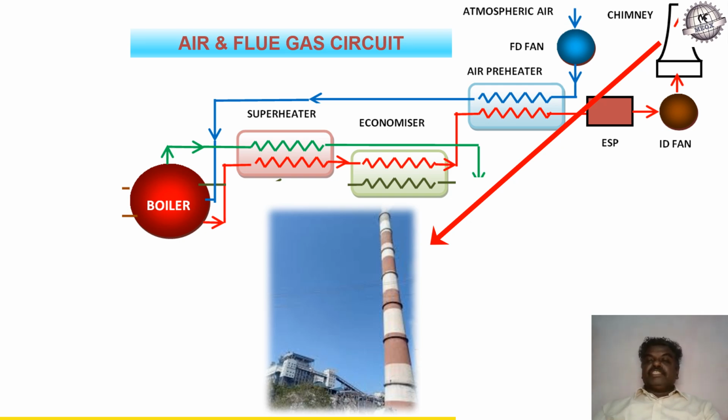So the combined action of the forced draught and the induced draught fan, along with the natural draught that is created by the chimney, will move the air as well as the flue gas throughout the system, and we have a balanced movement of the air as well as the flue gas within the system. And with this, the air and flue gas circuit is complete.